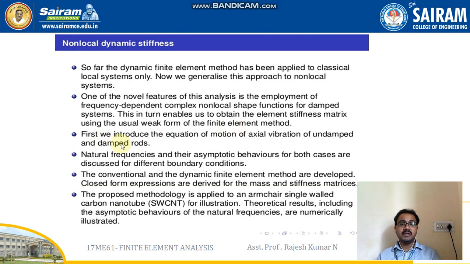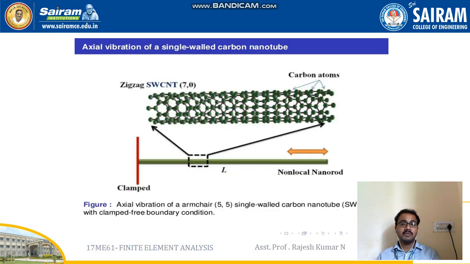The same thing was explained here. That is, first the natural frequencies and the asymptotic behaviors for both the cases are discussed for different boundary conditions. So what do the different boundary conditions mean? The first boundary condition is that it is fixed here and it is moving in both the minus x direction and plus x direction. The second condition is for the same cantilever non-local nanorod, where a point load is applied from the top, and in the second case a point load is applied from the bottom towards upwards, so plus y direction and minus y direction.